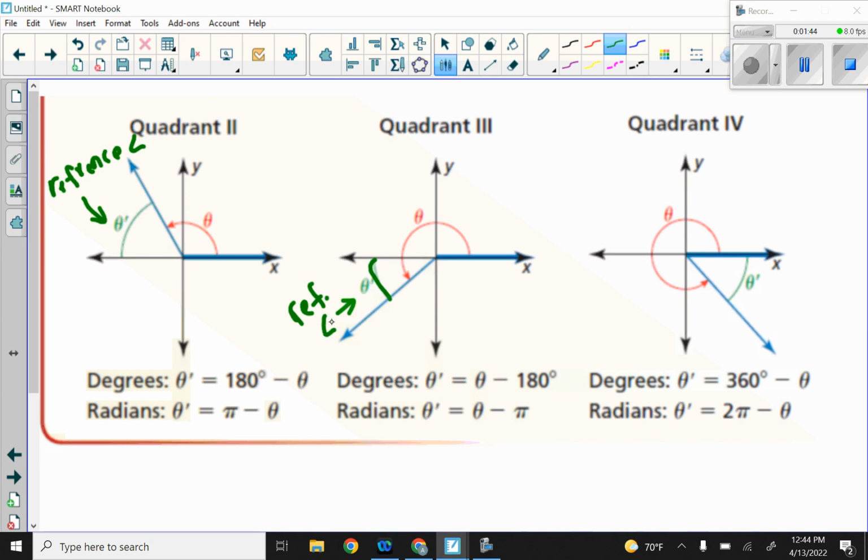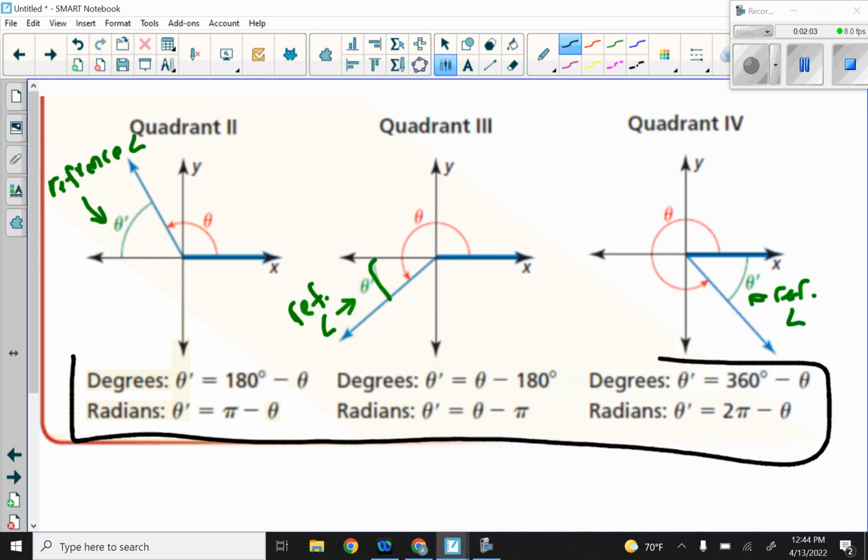And then in quadrant 4, you take 360 or 2 pi and you subtract the angle you started with, and that gives you that reference angle. I strongly encourage you to write all of these down if you have not already.